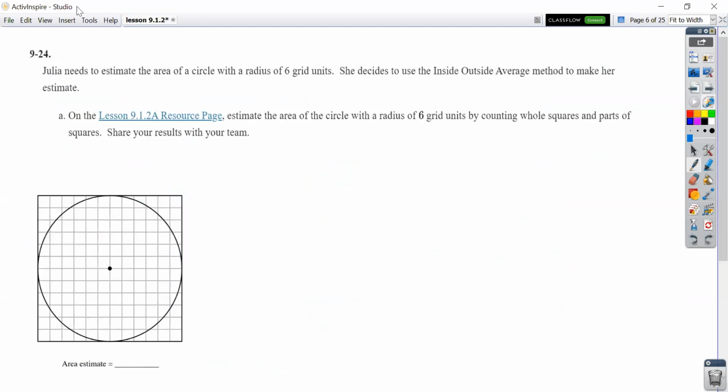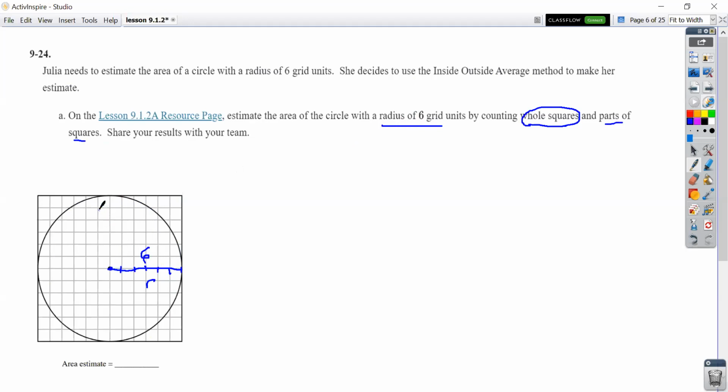924. Open the lesson 9.1.2a resource page, and this time the radius is 6 units, so from the center to the circle it's 6, so the radius is 6. 1, 2, 3, 4, 5, 6. Okay, you are counting the whole squares and parts of the squares to find out what is the area of the circle.